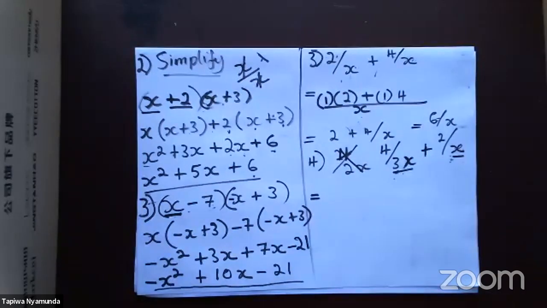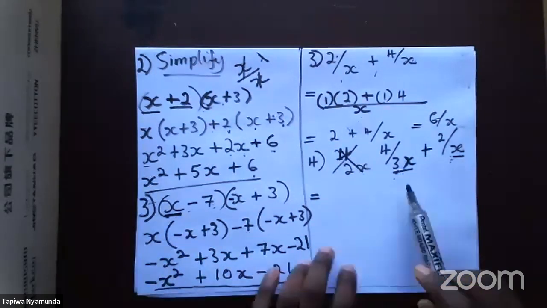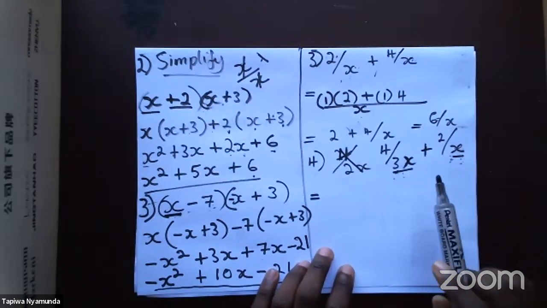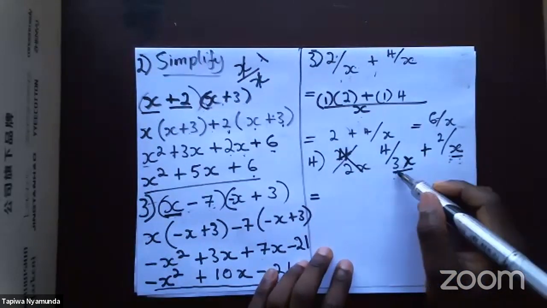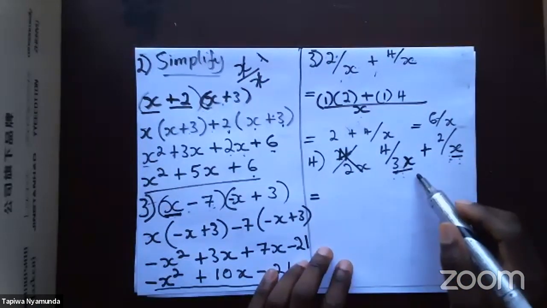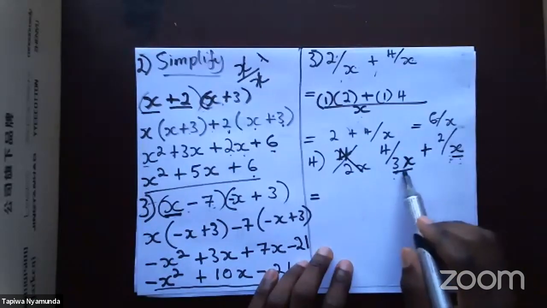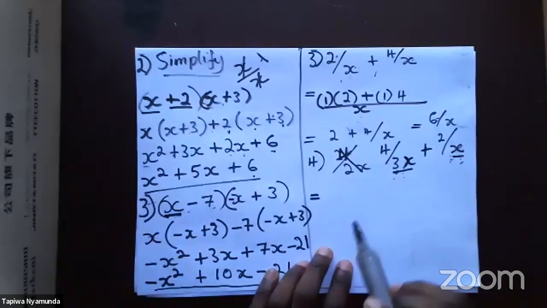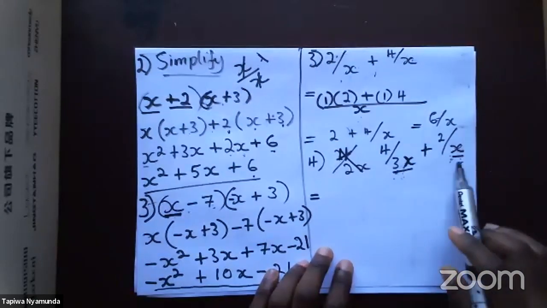Either the common denominator is the biggest number, when you have an algebraic denominator, this is how you choose. You choose the biggest between these two, or if the biggest is not the common denominator between those two values, then you multiply those two.